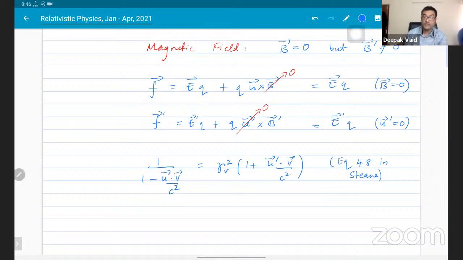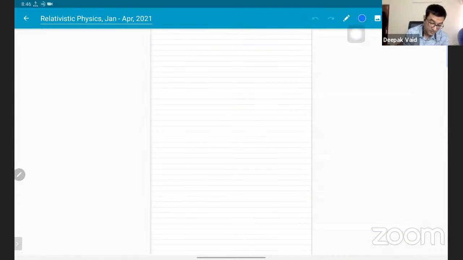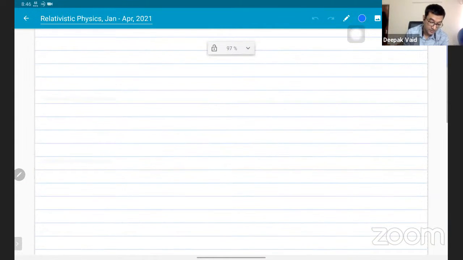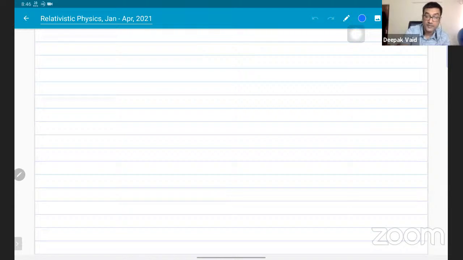So basically, if you look at the velocity transformation, you get, yeah, I'll leave it for you as an exercise. Of course, you should do that exercise, otherwise you won't understand what's going on.